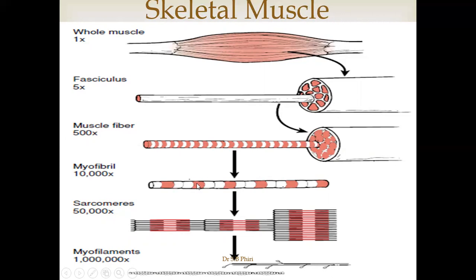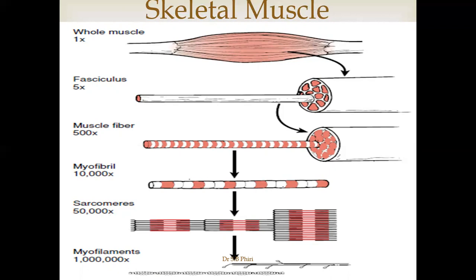Those myofibrils are composed of the myofilaments that are arranged in a particular structure to form a sarcomere. A sarcomere is just a special arrangement of the myofilaments that are forming the myofibrils. So this is the structure, starting from the largest going to the smallest unit of the muscle.